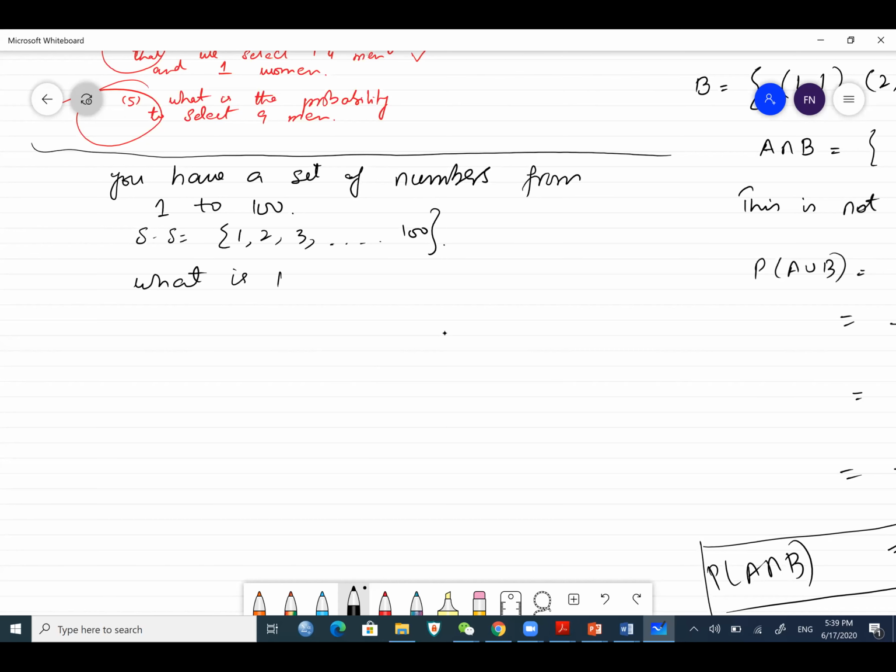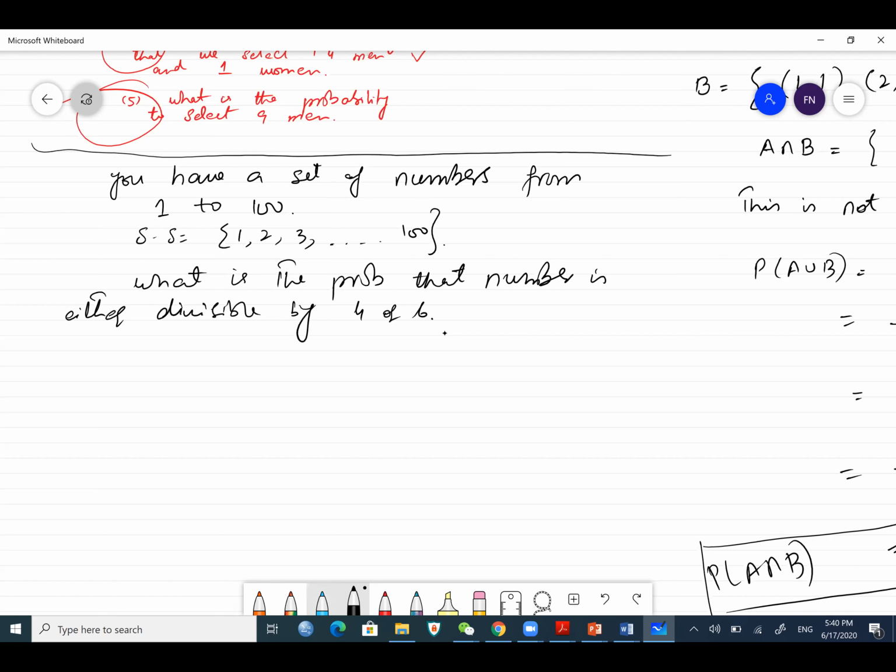What is the probability that the number is either divisible by 4 or 6? What is the probability that the number is divisible by 4 or 6?